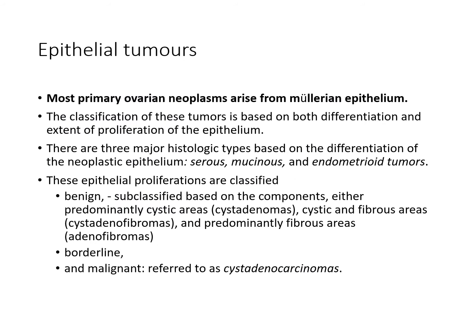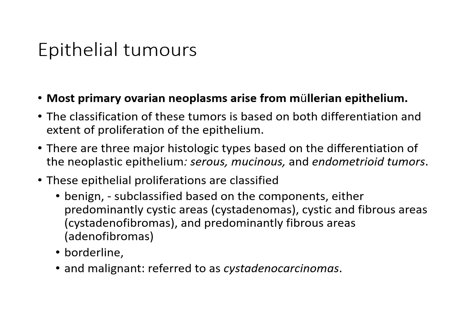Around 70% of primary ovarian neoplasms arise from the Mullerian epithelium. The classification of these tumors is based on the differentiation of the tumor and the extent of the proliferation of the epithelium. The three major types are serous, mucinous, and endometrioid tumors.